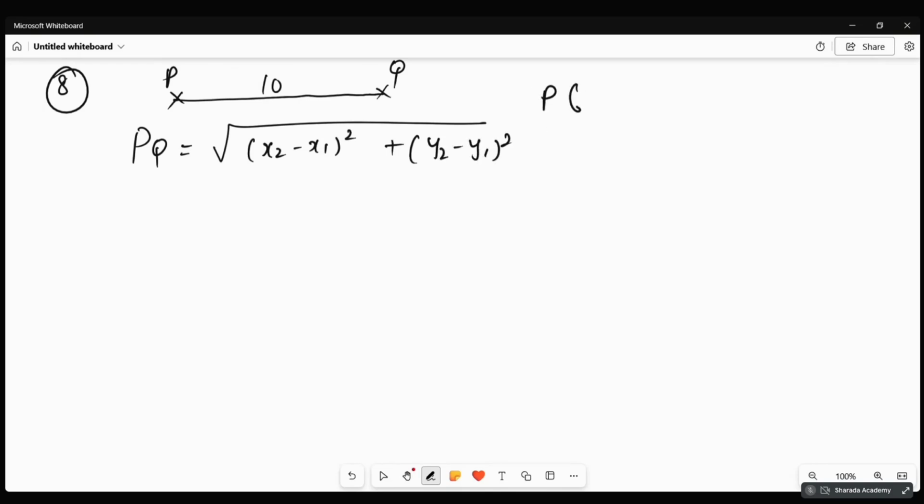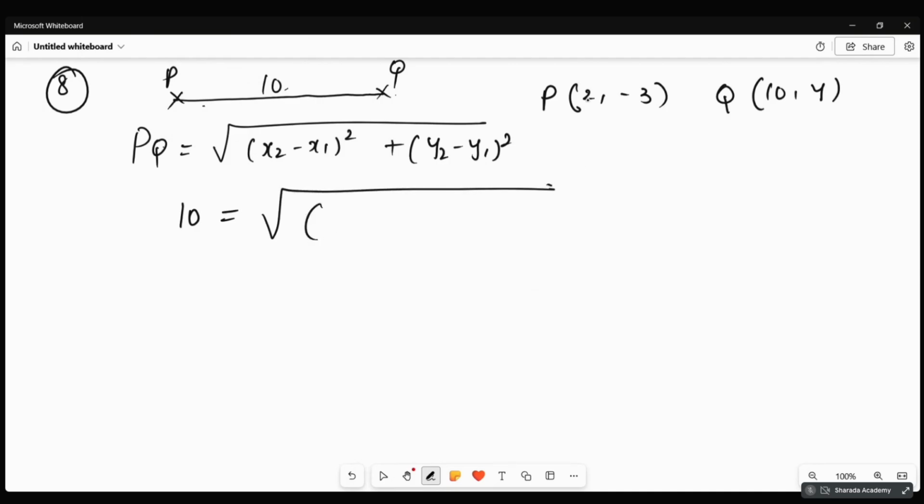P value they have given as 2 comma minus 3. Q value they have given as 10 comma y. So PQ, the distance between them, is 10. That is equal to root of 10 minus 2 whole square plus y minus of minus 3 whole square.